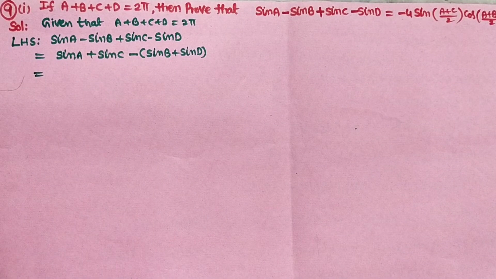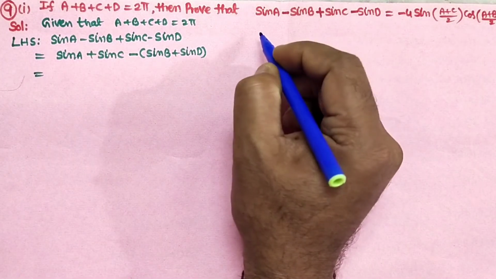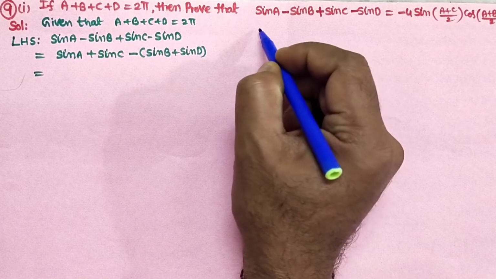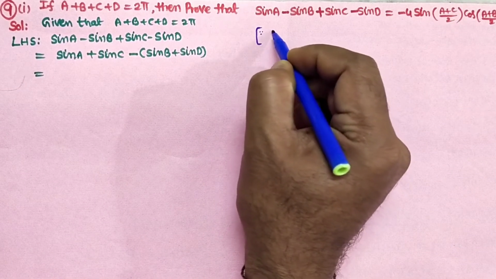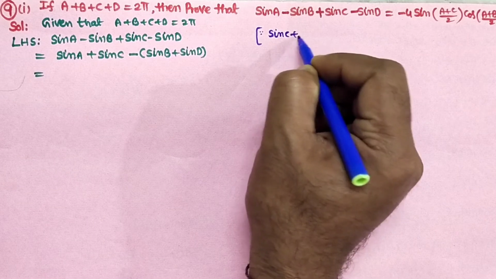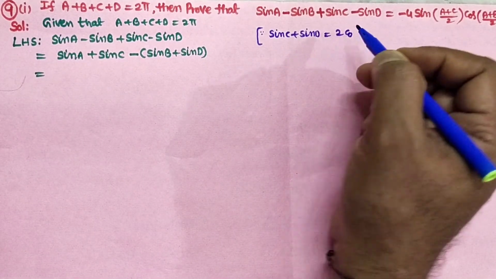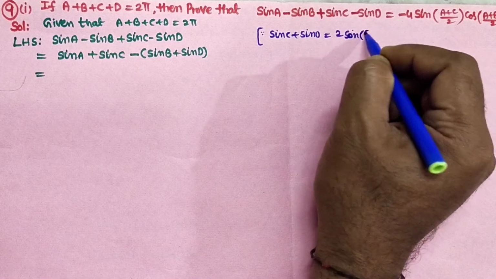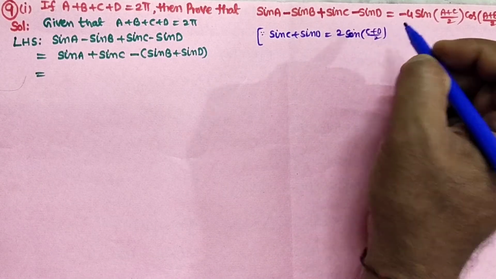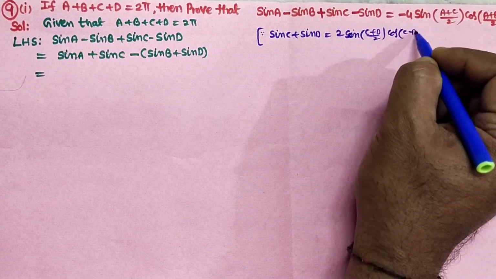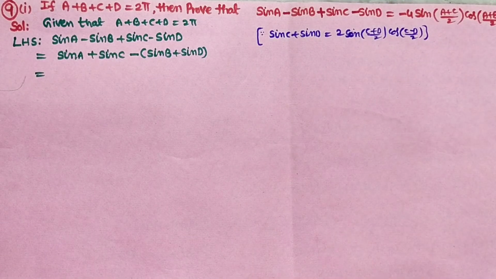We know the formula: sin C plus sin D equals 2 sin of (C plus D) by 2 cos of (C minus D) by 2. This is the formula we have to apply.